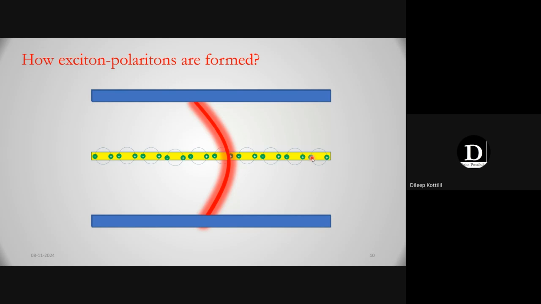Depending on different situations or scenarios, it can act like a photon or an exciton. So it possesses two different phases, the material phase as well as the energy phase, I mean the photon phase. That's why these particles are called half-light, half-matter particles. These are not actually half, because sometimes it can be 75% light and 25% matter.